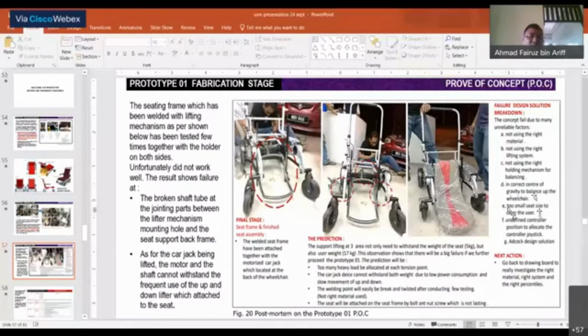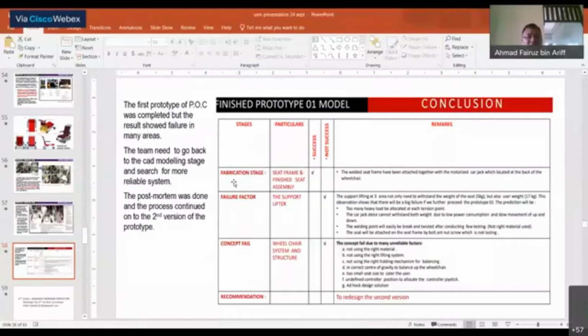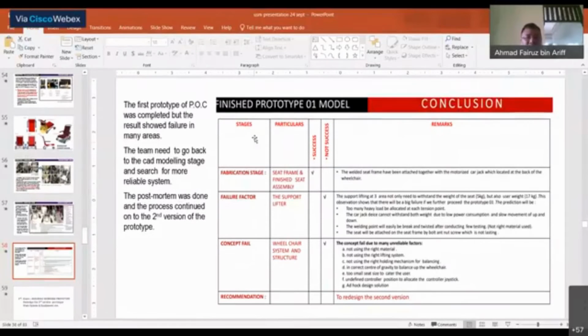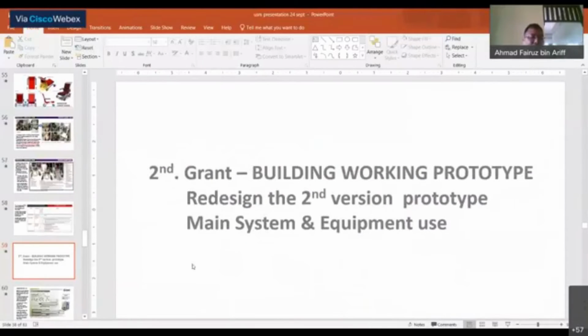Therefore, we listed here the seat and frame finish assembly. This is the point that we need to upgrade. Based on grant number one, we have completed the proof of concept, but this is the part that failed. We need to be careful and redesign it in the second prototype.